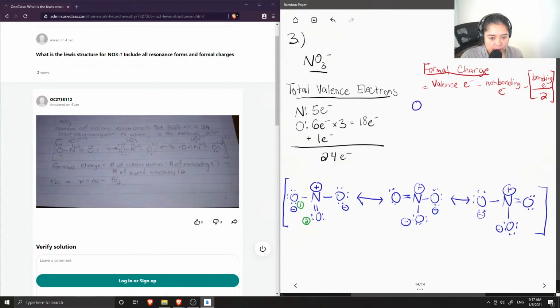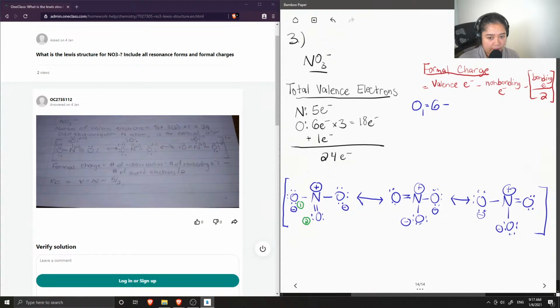So for oxygen 1, which is one of the single bonded oxygens, we are to calculate its formal charge. We already know that it is -1 because I've drawn it in, but let's say we didn't know. This is how you would calculate for it. So for oxygen 1, it has 6 valence electrons.